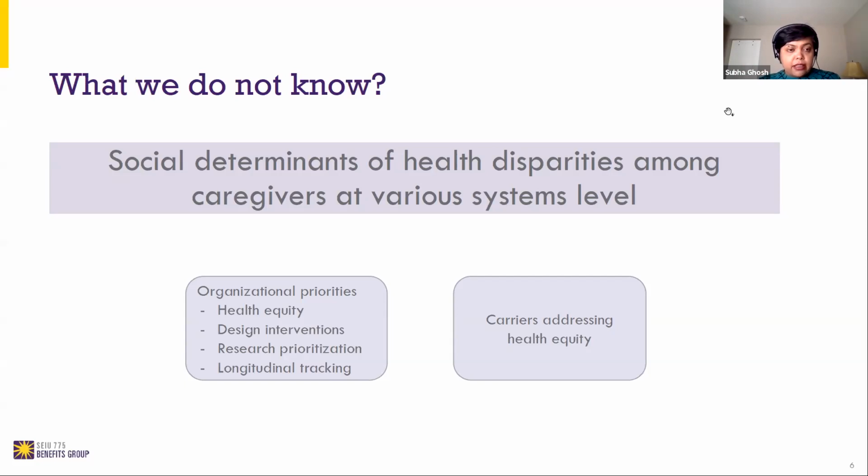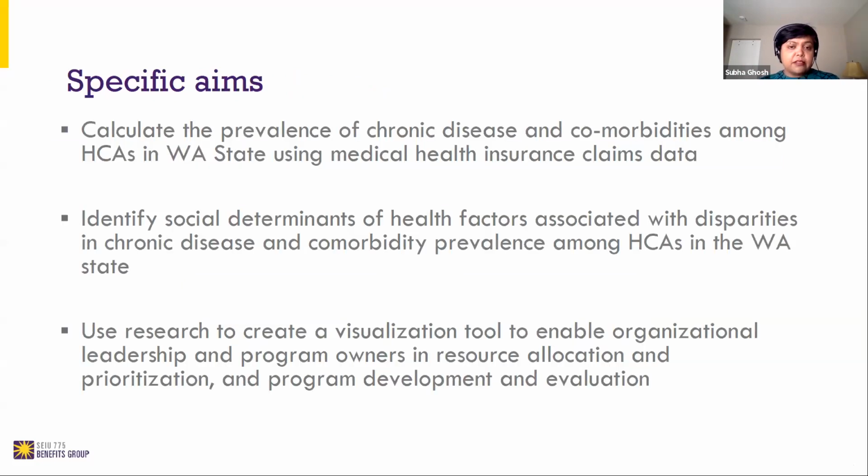So the next slide is the aims. Of course, the first aim is to calculate the prevalence of chronic disease and comorbidities and identify which of the social determinants of health factors are associated with disparities.